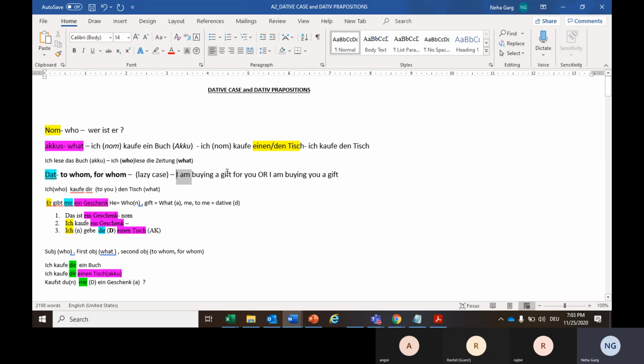So in this particular sentence, we have I, which is nominative, we have gift, what is being bought, a gift, so this is accusative, and for whom I am buying the gift or to whom I am giving the gift is you. So you here will be our dative case, because for you the thing is being done. For you, I am buying the gift. Same in this sentence, it's one and the same thing. It's just that I've written it in a different manner here.